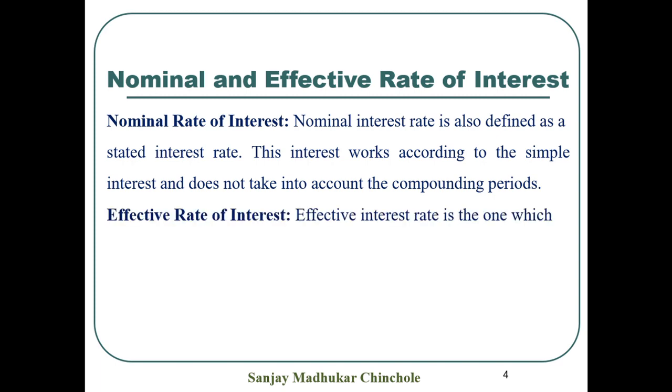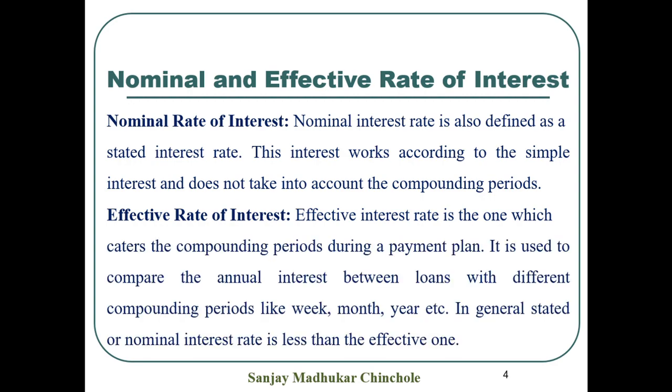Effective rate of interest is the one which caters to the compounding periods during a payment plan. It is used to compare the annual interest between loans with different compounding periods like week, month, year, etc. In general, stated or nominal interest rate is less than the effective one.